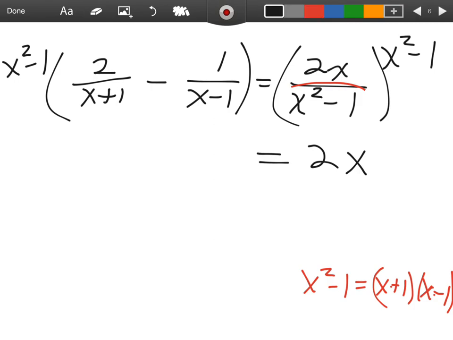I'm going to end up with 2 times x minus 1, because the x plus 1's cancel. Then I'm going to have minus 1 times x plus 1.